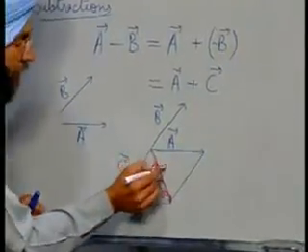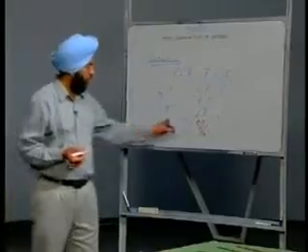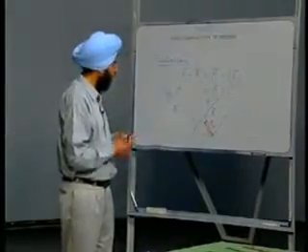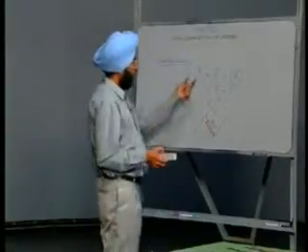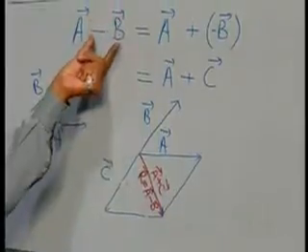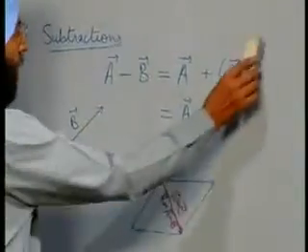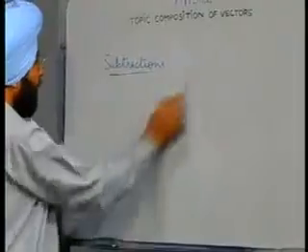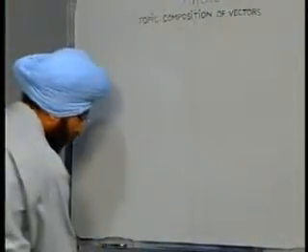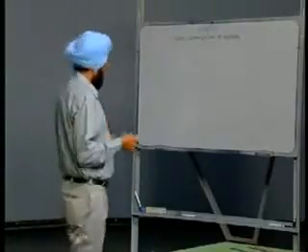We can write this as A plus C, or because C is minus B, we have A minus B. This becomes simple when we take minus B as plus negative of B. We will use this subtraction of vectors while studying relative velocities.